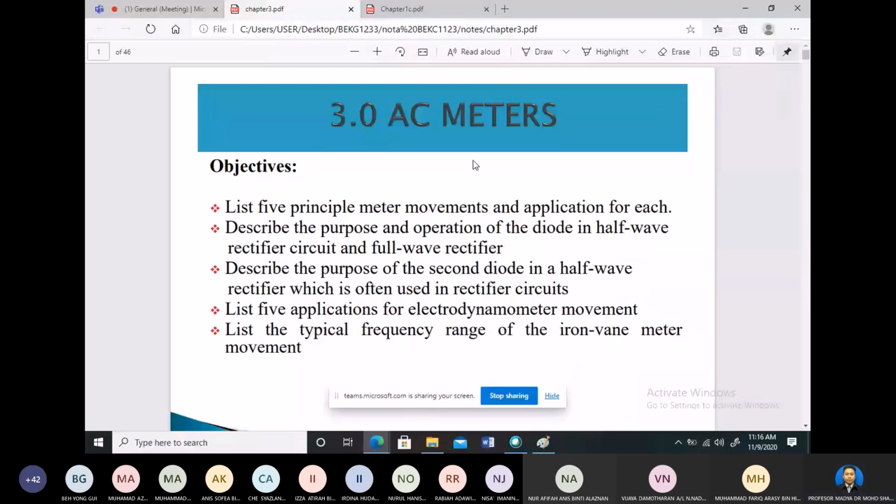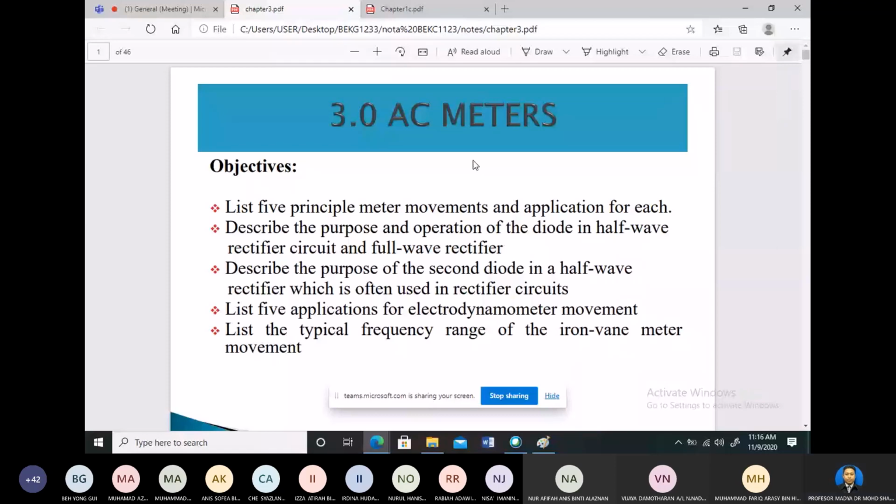alternating current. And the second objective is to describe the purpose and operation of the diodes in half wave rectifier circuit and full wave rectifier circuit. Before you go to the half wave and full wave rectifier, you have to know what a rectifier is.